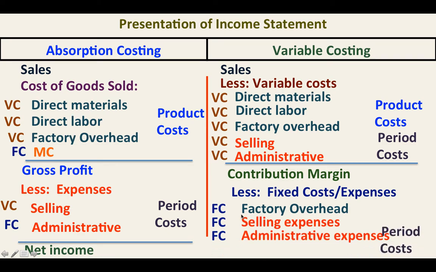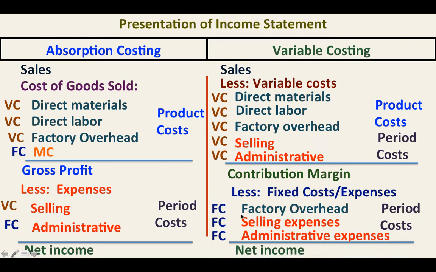Will give you your net income or loss. So class, factory overhead, selling expenses, admin expenses, the fixed costs are all period cost. Okay? So, ganyan ang presentation ng income statement. Okay? So, variable costing, sales, less variable cost will give you contribution margin, less fixed cost or expenses will give you your net income. Okay.